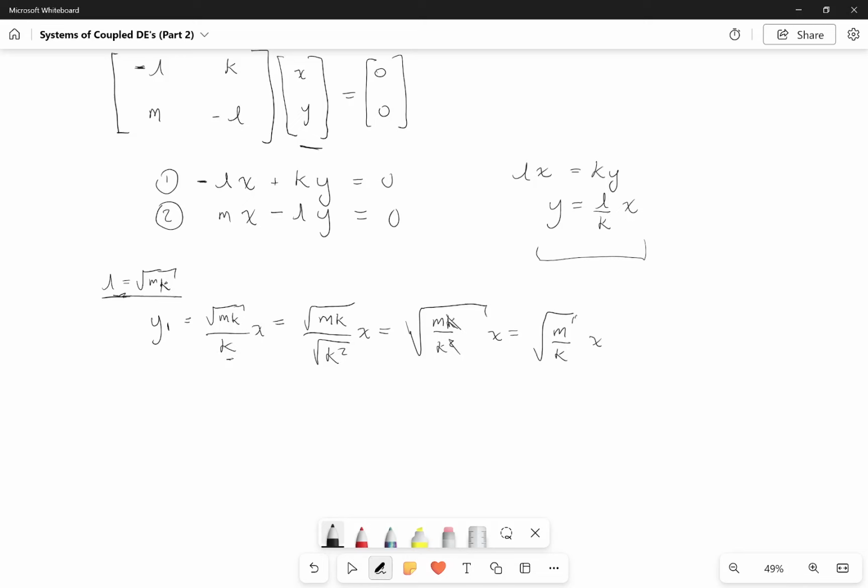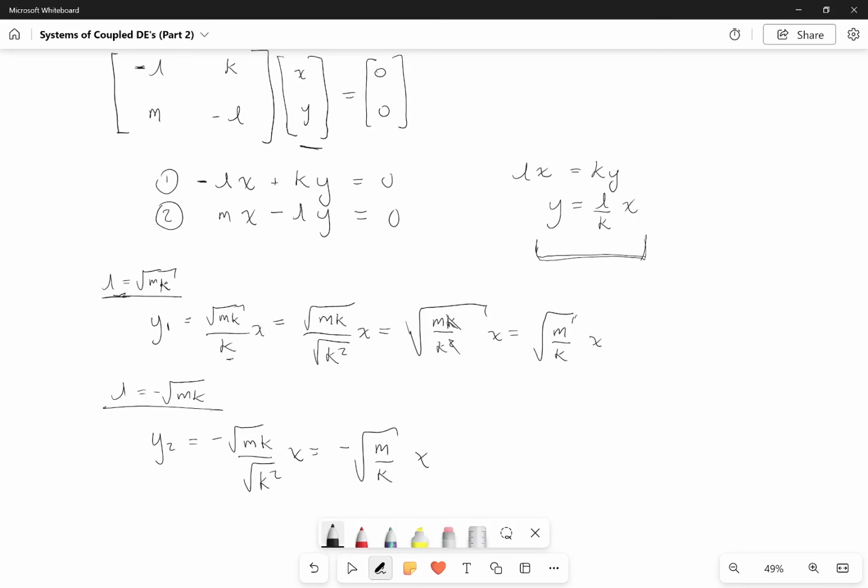Okay, so then for lambda equals negative square root mk, we're going to use this equation here. So y2 is equal to negative square root mk over k squared again, times x, and it's going to be minus square root m over k times x.